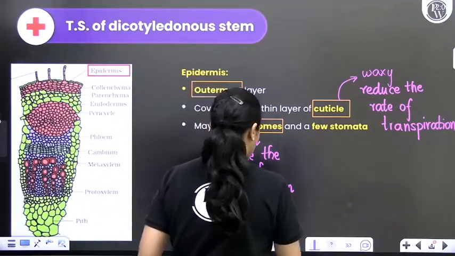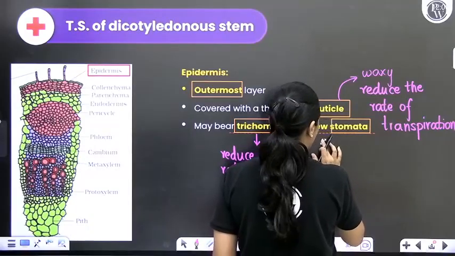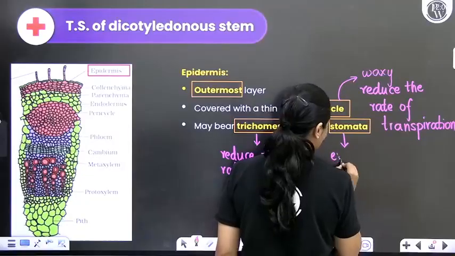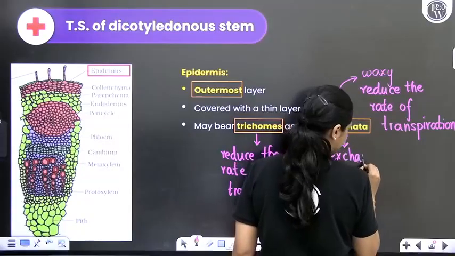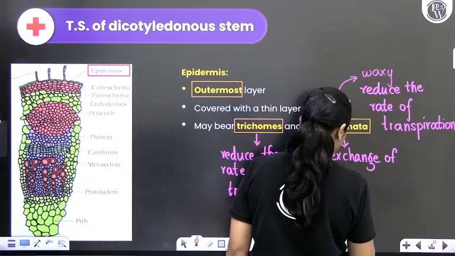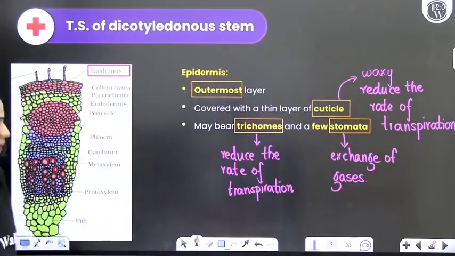Stomata may be present. If stomata are there, what is their function? The function of stomata is to help in the exchange of gases. Okay, that is about the epidermis.